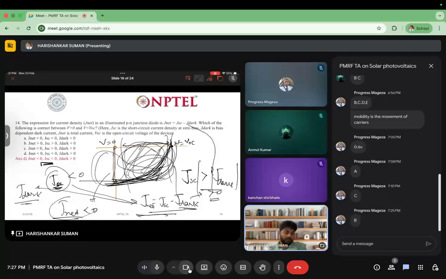If JSC is negative, then J net is total negative. And from the curve you can see the total current is in the fourth quadrant, means total current is negative.